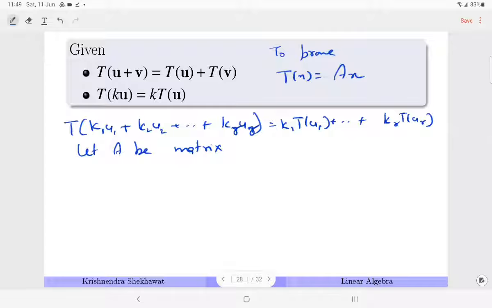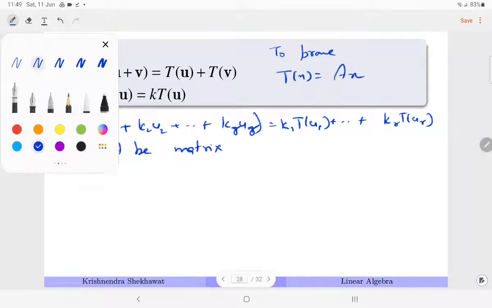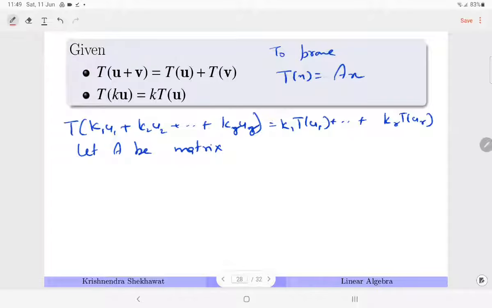So let A be the matrix, which is defined as A is equal to, the first column is T of E1, where E1 is the standard basis vector. The first entry is 1 and all other entries are 0. Then T of E2 and so on up to T of En.